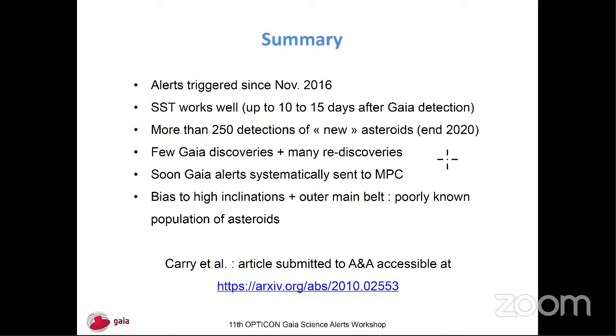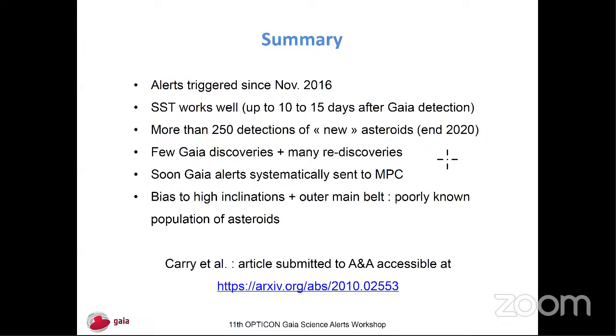We worked on this activity since the end of 2016, and we showed that the short-term processing works well. We got a certain number of detections.